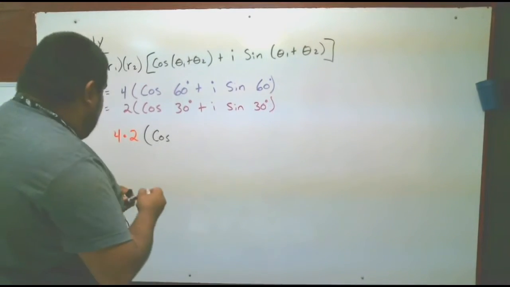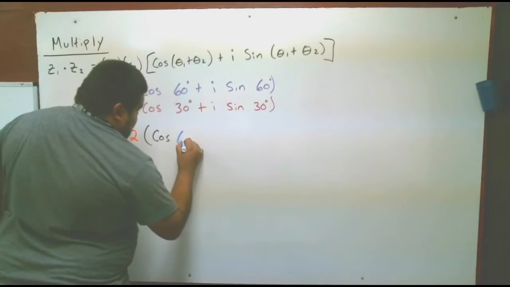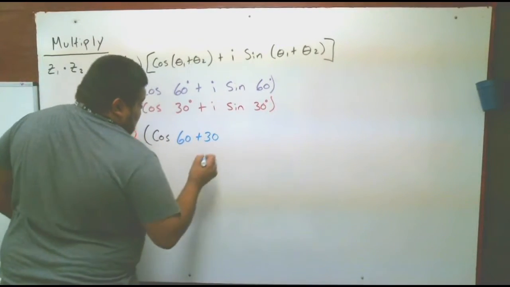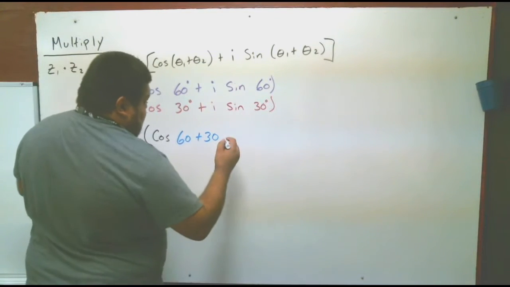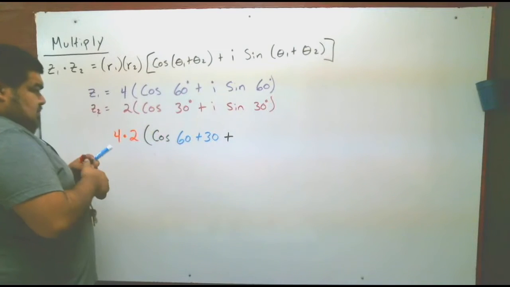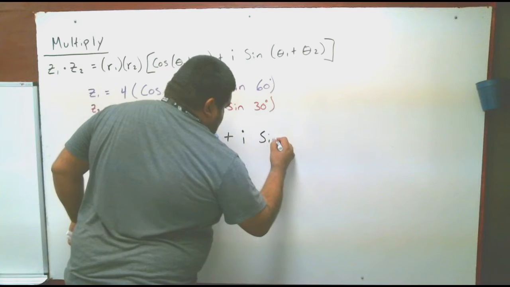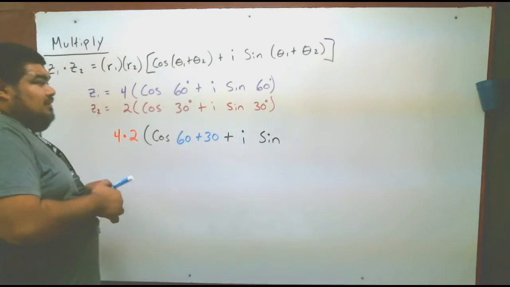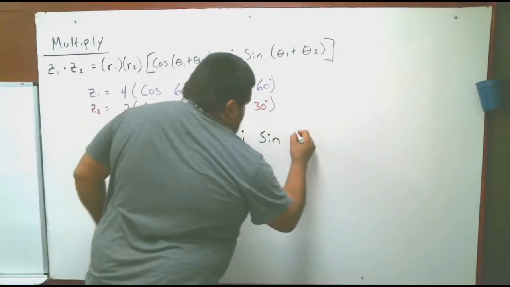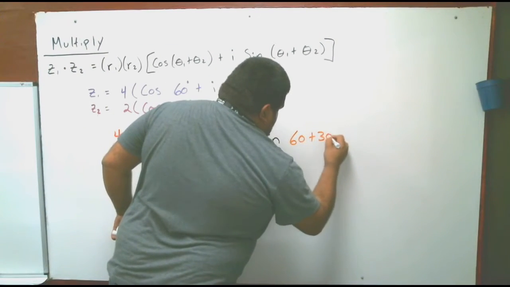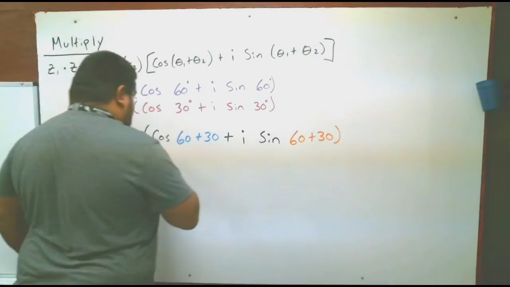So 60 plus 30, plus i sine, and then our sines, which in this case is 60 plus 30, and then we do a little bracket.